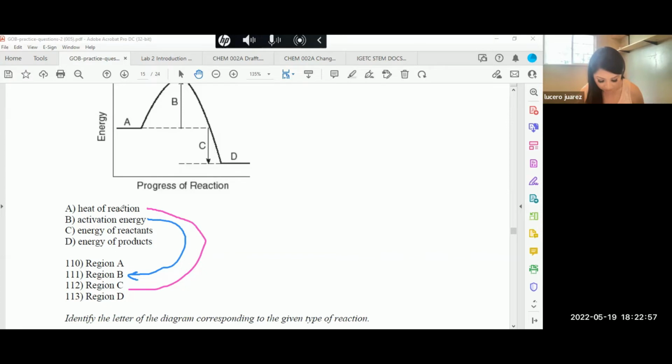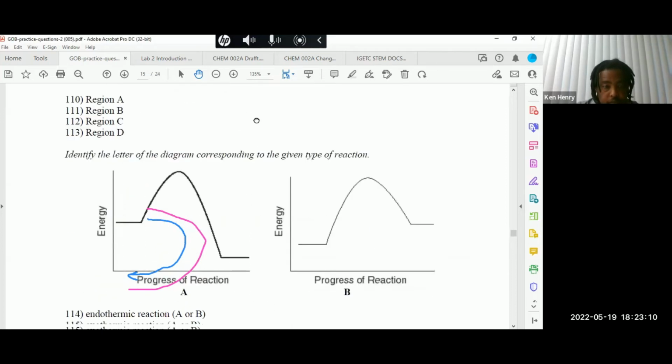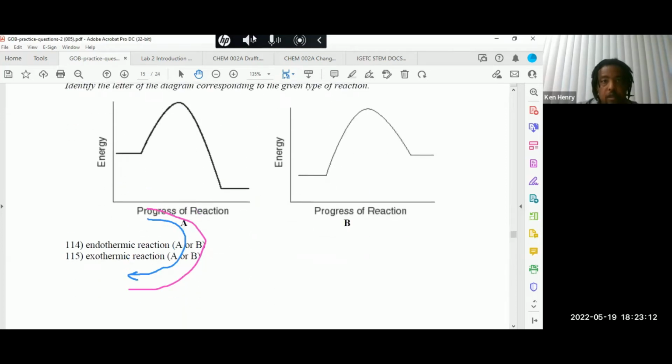No, I did not get 114. Let's talk about it. If energy is being released, then we're going to have less energy in our system, right? If we take a look at our diagram, this guy is going from a higher energy to a lower energy.